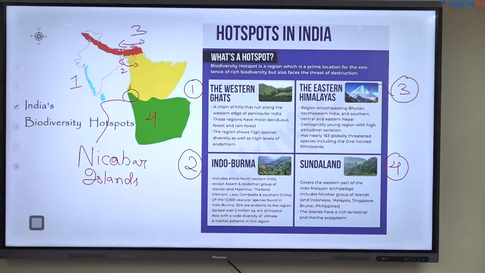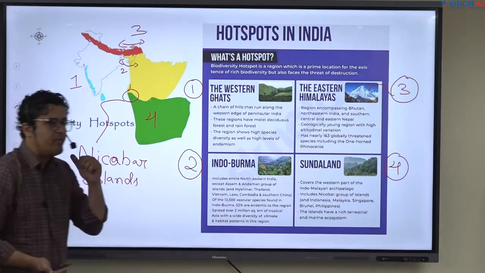You can see them. How have we declared them? They have high species biodiversity, they have endemism, and they are facing a threat. Threat of what? Threat of destruction. So that is why we have declared them.